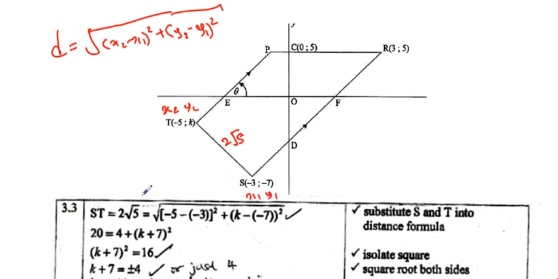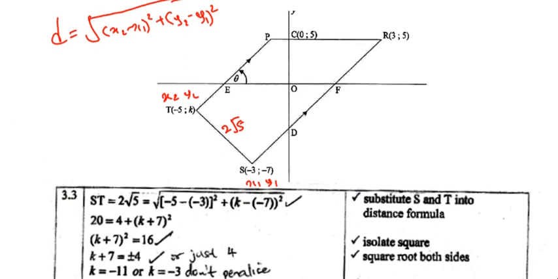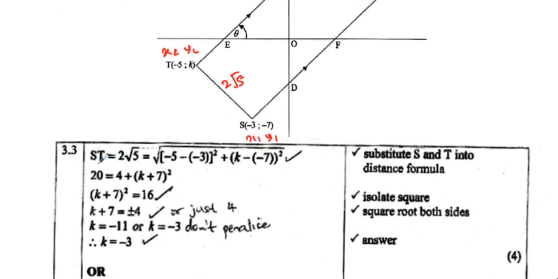Watch your substitution, watch how you set up your question. So ST is equal to the square root of, 2 square root of 5 is equal to, you can write the formula if you wanted to, but here they went straight into it. They substituted and then they squared both sides. Use your calculator to do this, and you got 20.